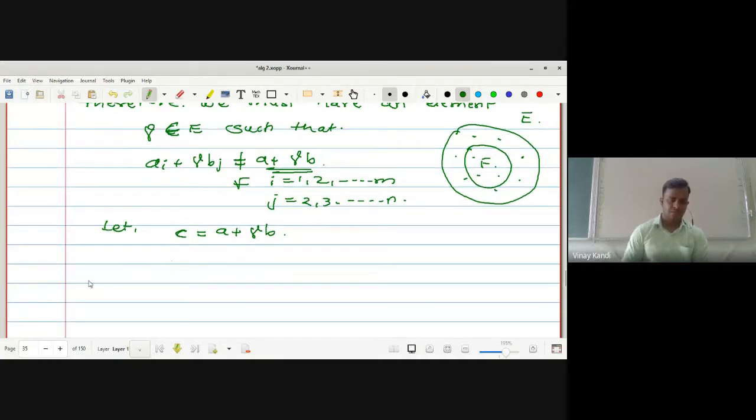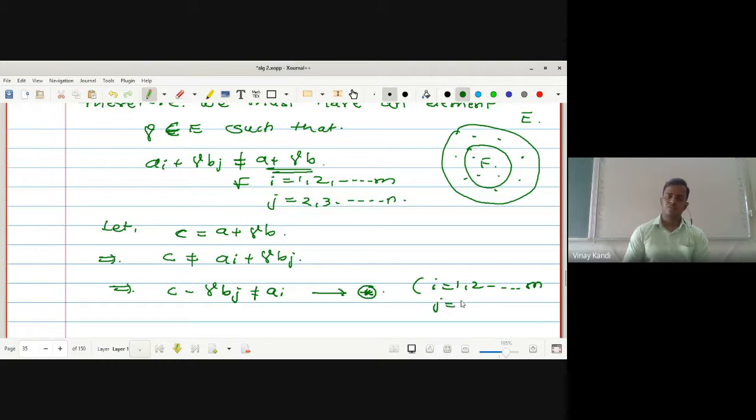That implies c is not equal to a_i plus gamma b_j. So c minus gamma b_j is not equal to a_i, we need this later, that is why we took it. Write it down as equation number star, for i running from 1, 2 up to n and j running from 2, 3 up to n. So here we get a_i is not equal to c minus gamma b_j.